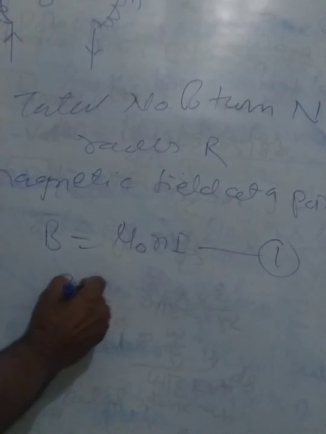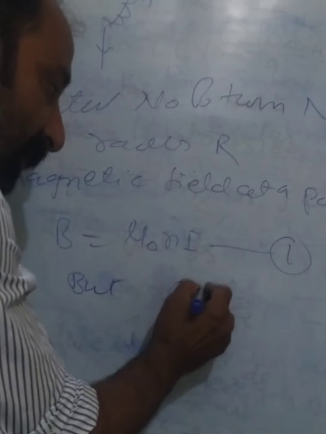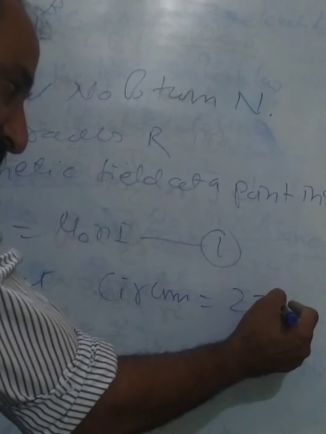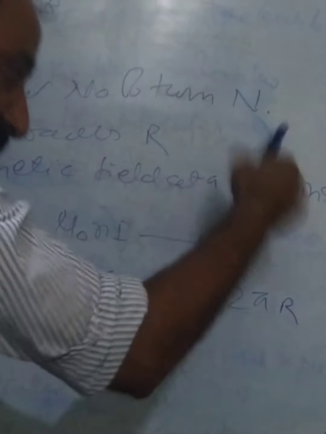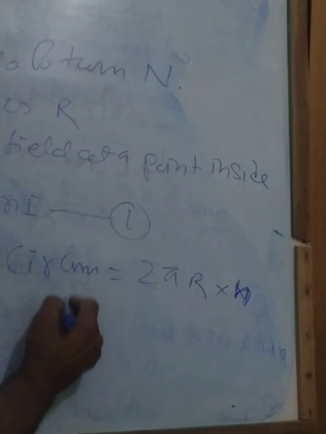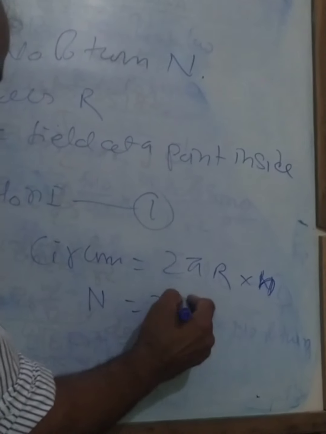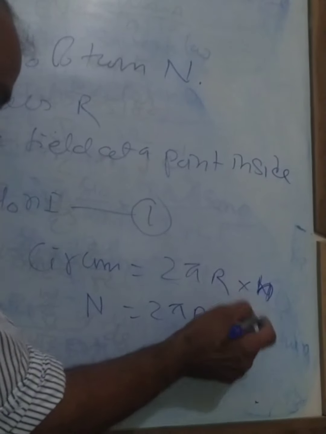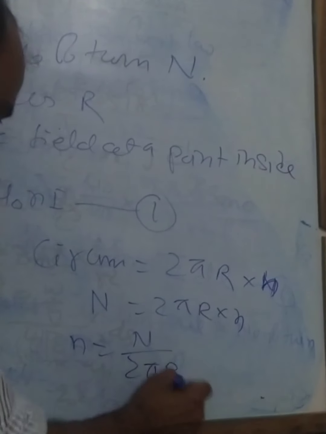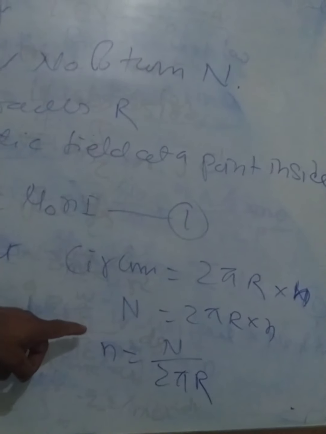We have the formula for circumference: 2 pi r, and the number of turns in the coil is N. So the total length is 2 pi r, and small n, the number of turns per unit length, is equal to capital N upon 2 pi r.